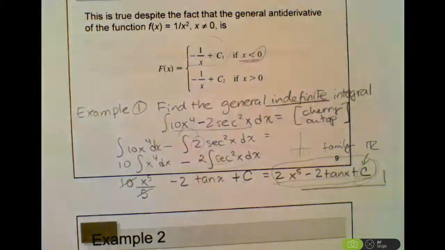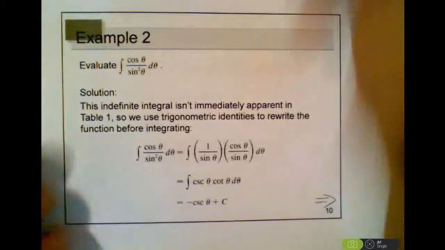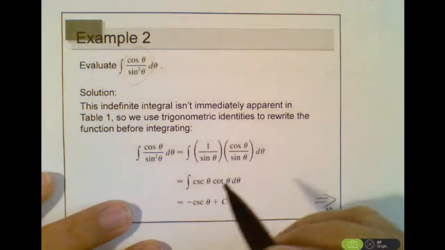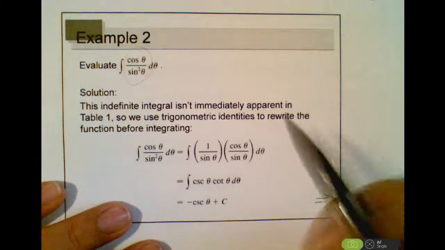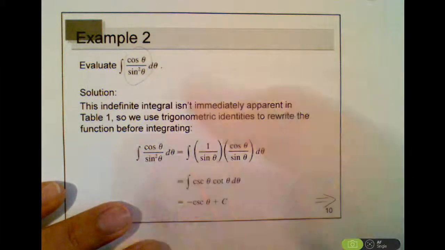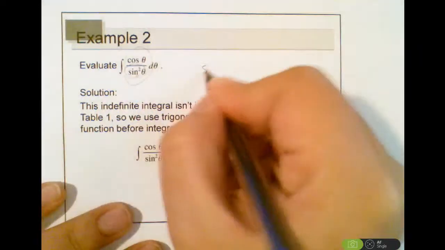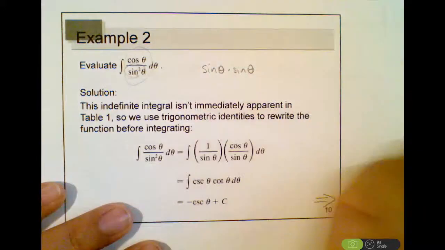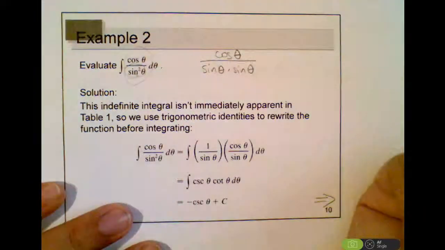Now in example 2, there is a little bit of work to do before using the table, because this function right here is not on my table, so I'm going to have to do a little bit of converting in here. So remember that the way this is written, that means sine of theta times sine of theta, because that's what sine of theta squared means, and you have cosine of theta.